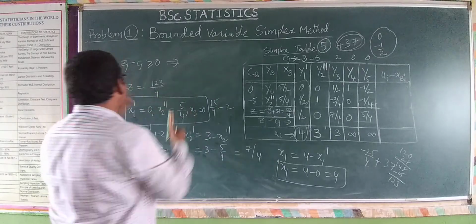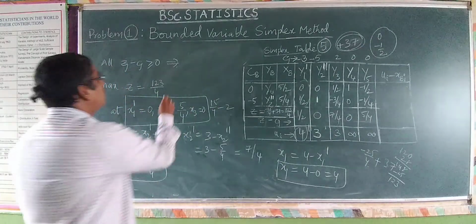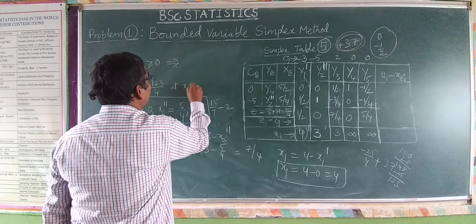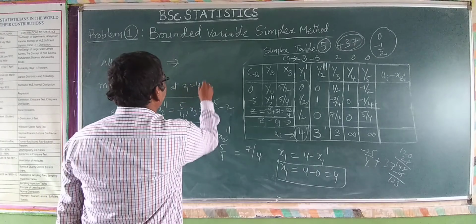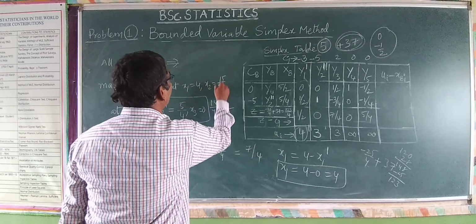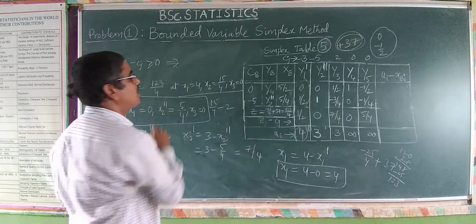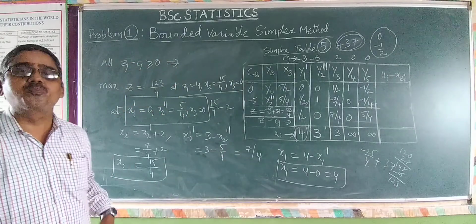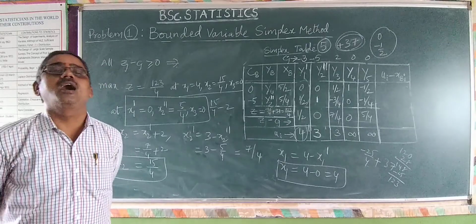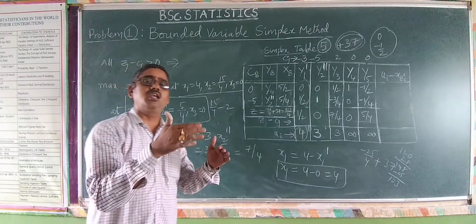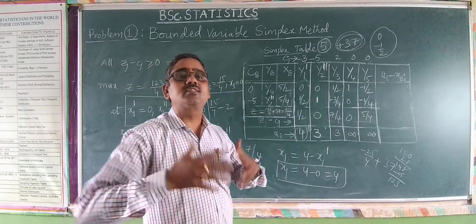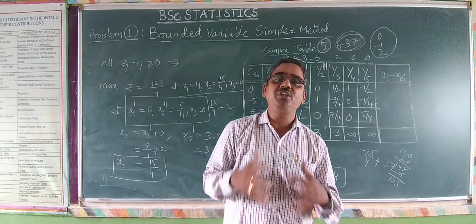Therefore the optimum solution obtained is: maximize Z equal to 123 by 4 at x1 equal to 4, x2 equal to 15 by 4 and x3 equal to 0. This is the solution obtained for the respective problem. And this is the calculation of the bounded variable simplex technique, for which three cases may occur.